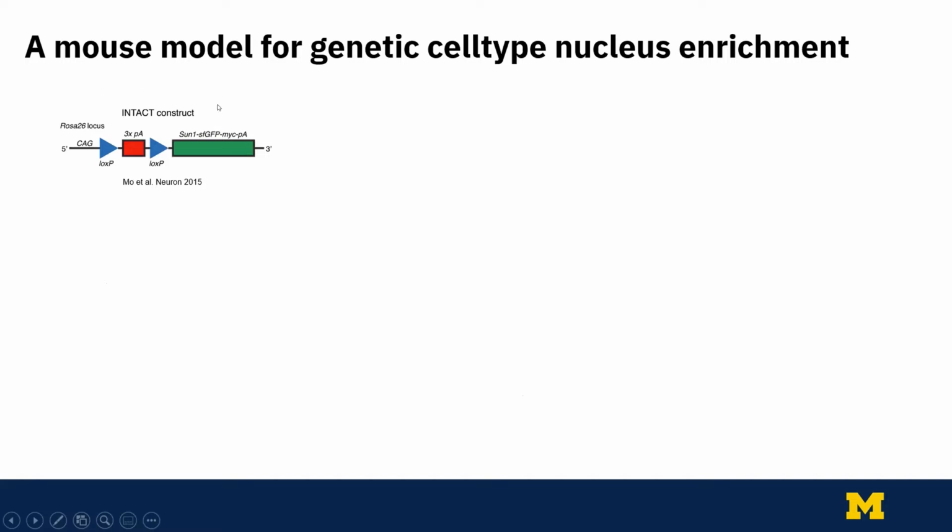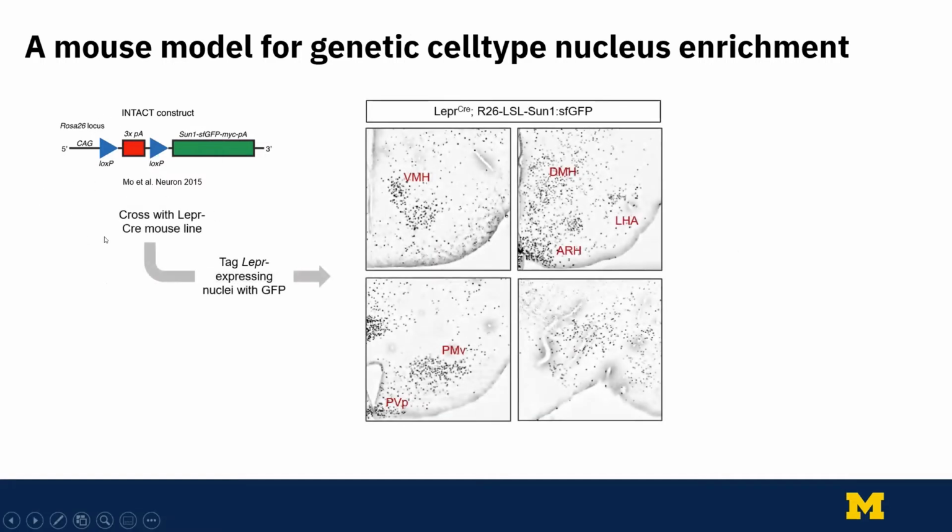We borrowed this idea from Jeremy Nathan's group, where they created a mouse line in which there is Cre-dependent expression of a nuclear envelope GFP. SUN1 is a nuclear envelope protein which targets the superfolded GFP to the nuclear envelope. The idea being that we can take this mouse line and cross it with our leptin receptor Cre, and this will label leptin receptor nuclei with GFP.